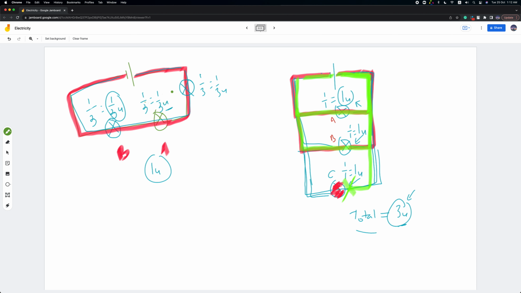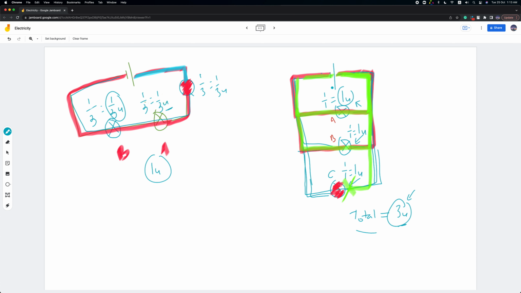But for this case, when they are arranged in series, if this bulb fuses or any one of the bulbs fuses, straight away electricity will not flow because it doesn't form a closed circuit. Okay, so again back to the keyword, it doesn't form a closed circuit, so electricity cannot flow.